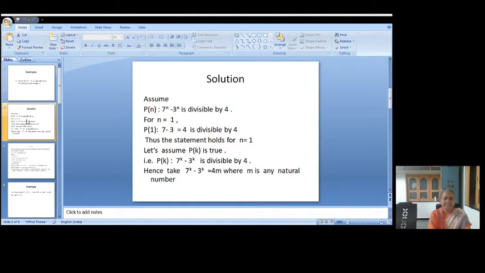Therefore our statement holds for n equal to 1, that is, P of 1 is true.